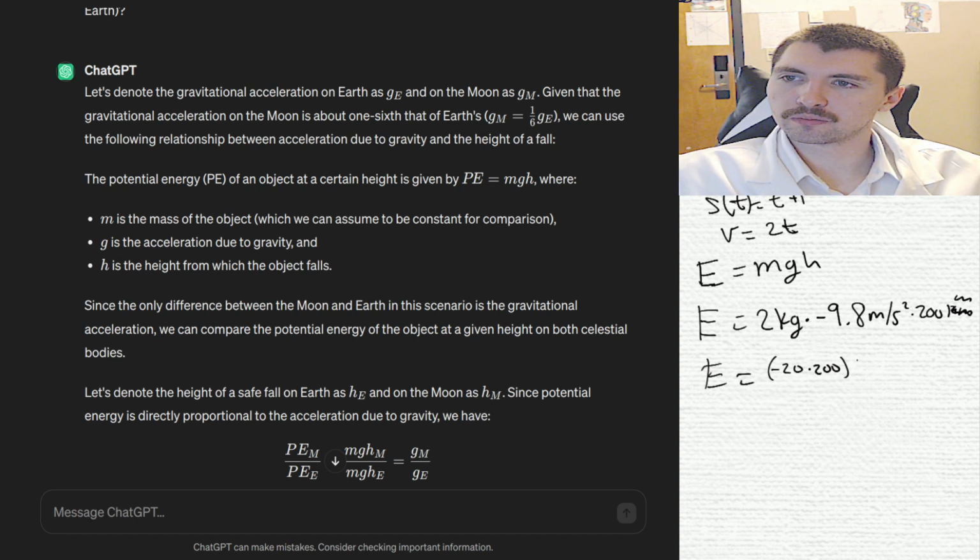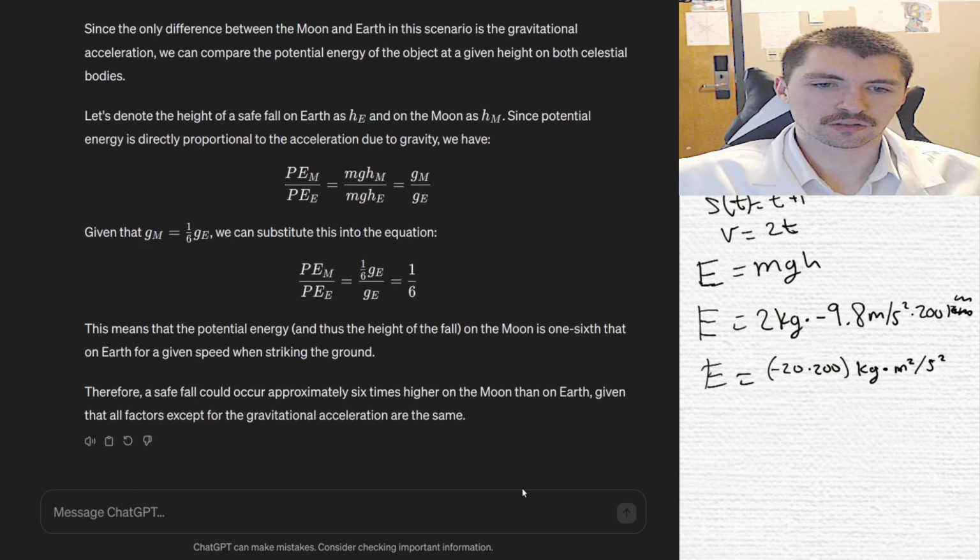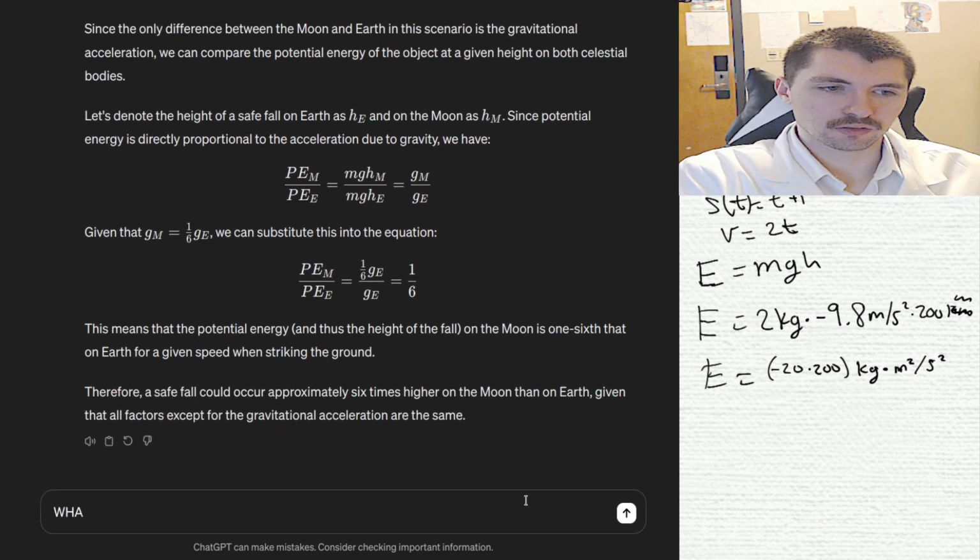So kilograms per meter squared second squared. What unit is kilograms?